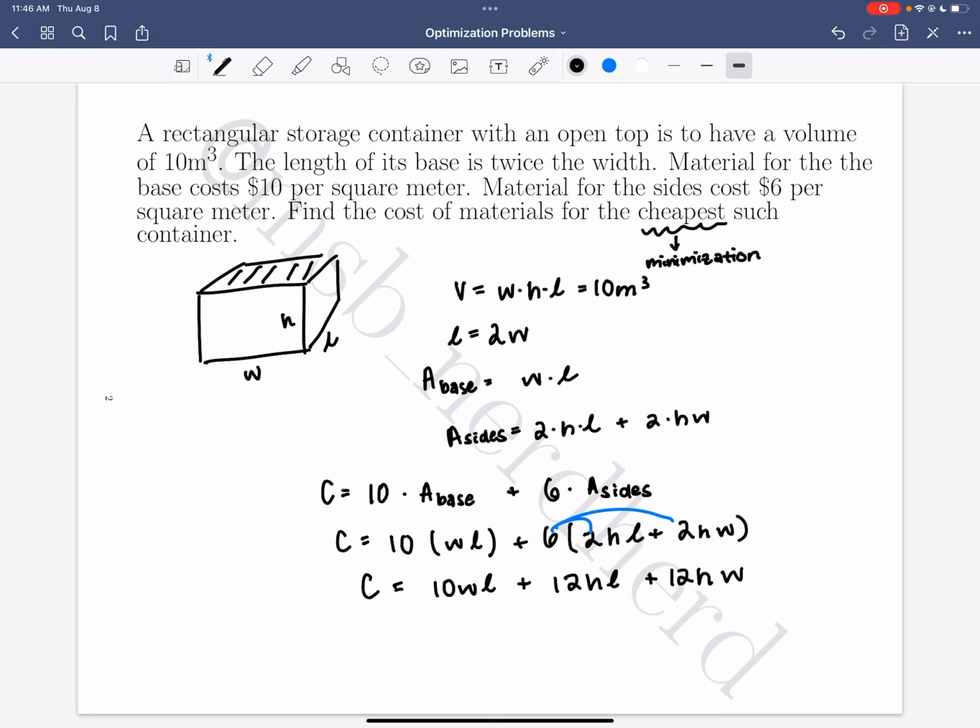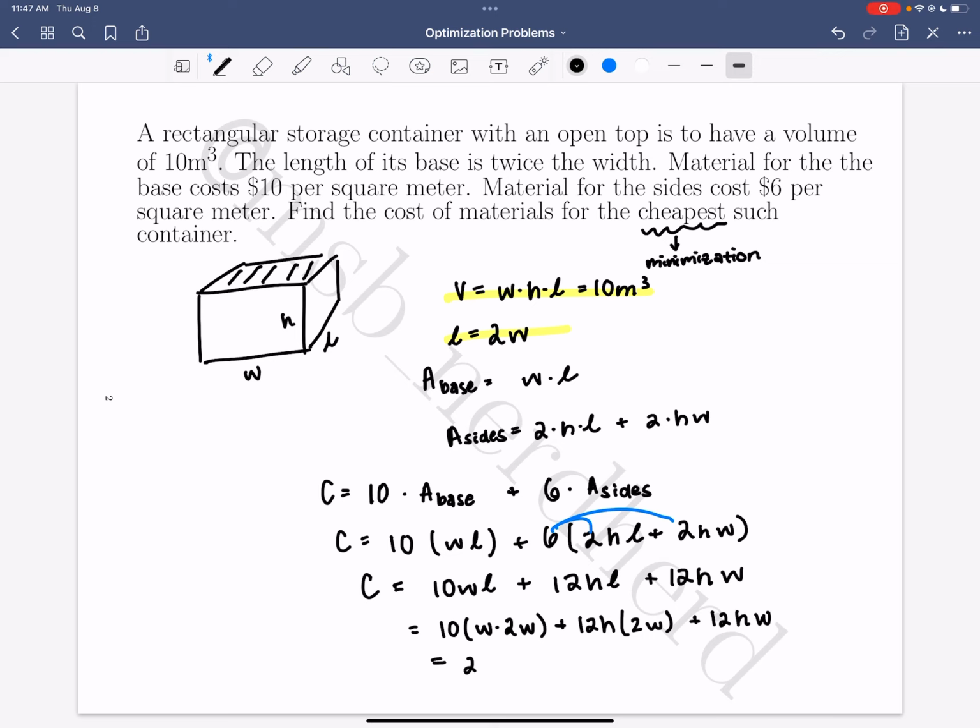We want to be able to take the derivative with respect to one variable. So what we need to do is use some substitution. That's what all these good old pieces of information are good for. First, we want to substitute every L with a 2W. So we have 10 times W times 2W plus 12H times 2W plus 12HW.